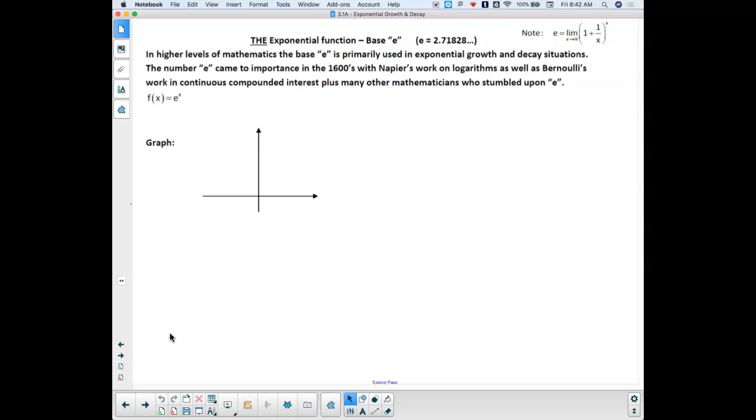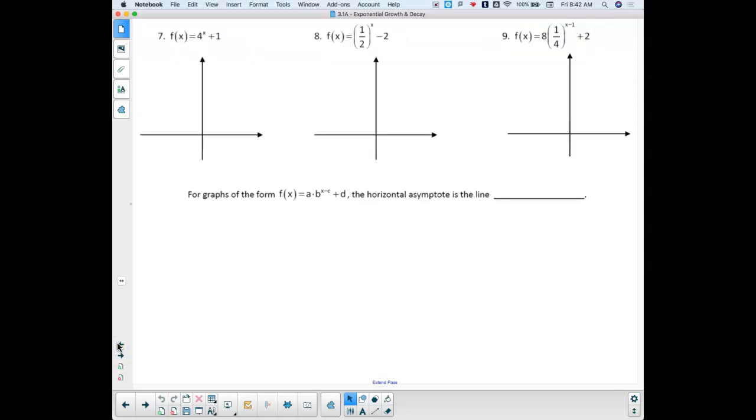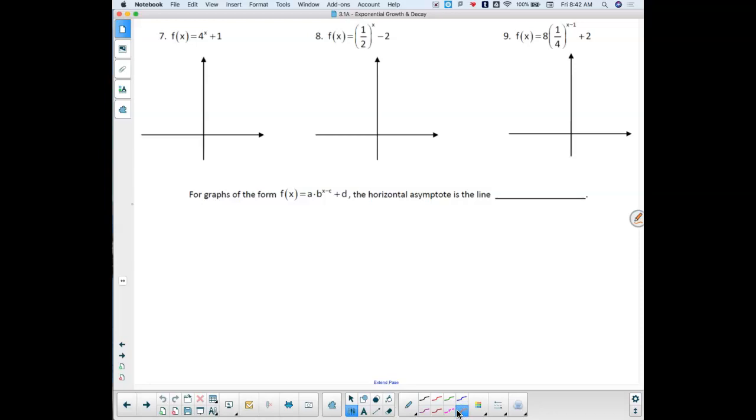Okay? So, yesterday we were talking about exponential functions, exponential growth functions, and exponential decay functions, and we said that if we looked at the b value, so here's our b value there, and there's our b value there, those b values are going to determine whether it's an exponential growth or an exponential decay.